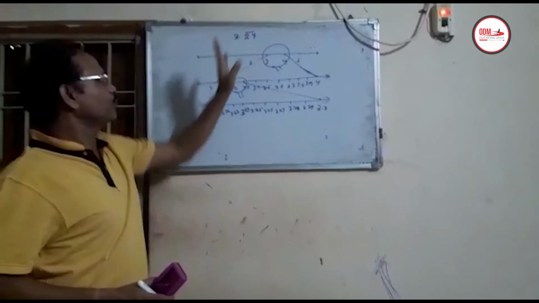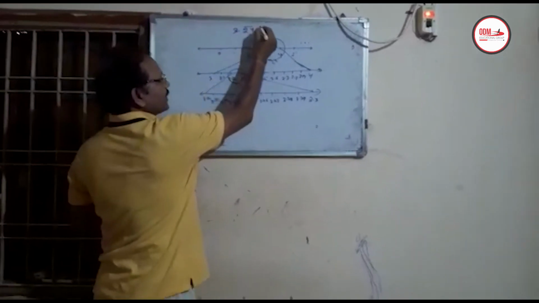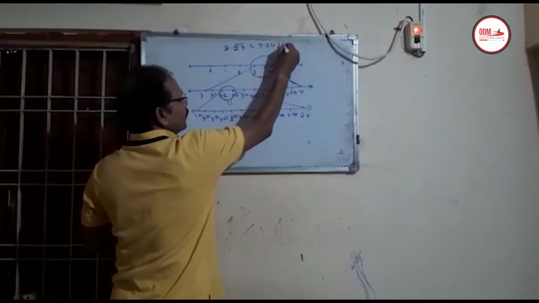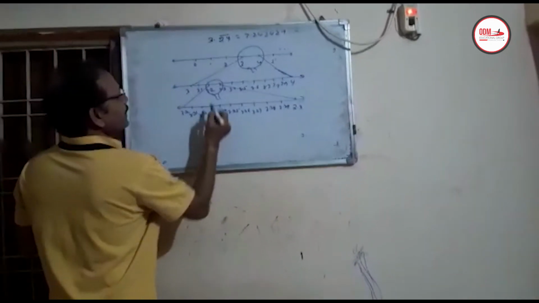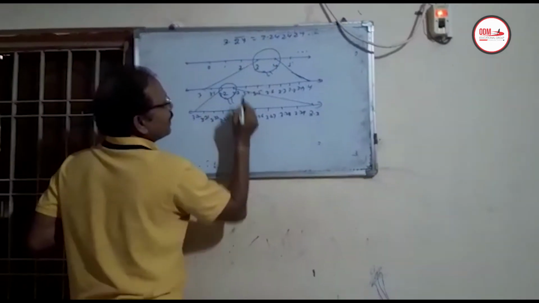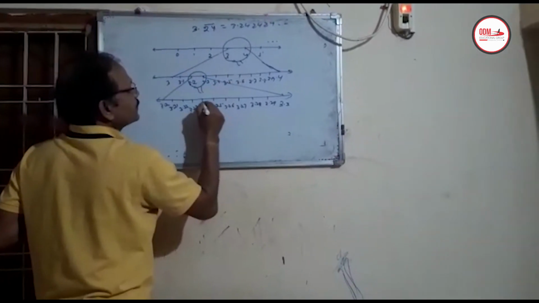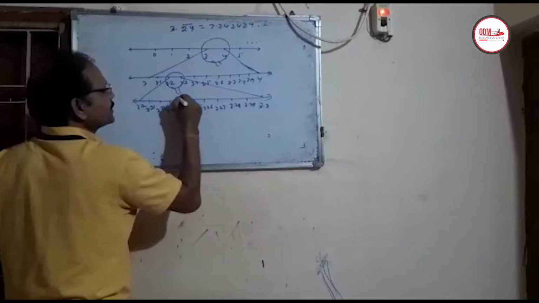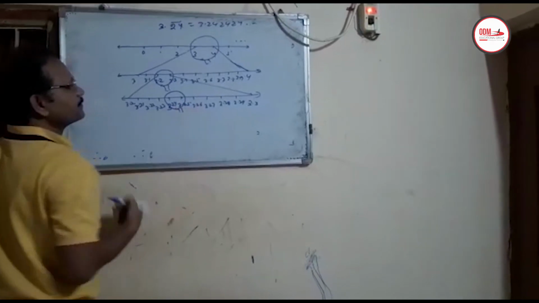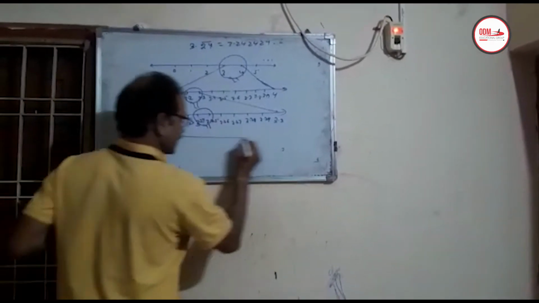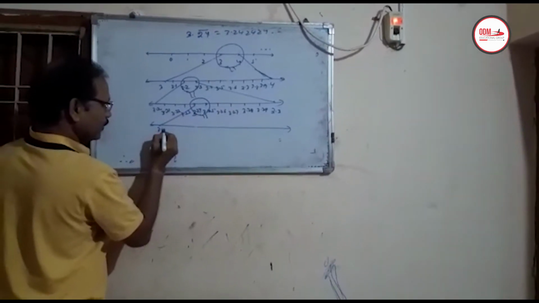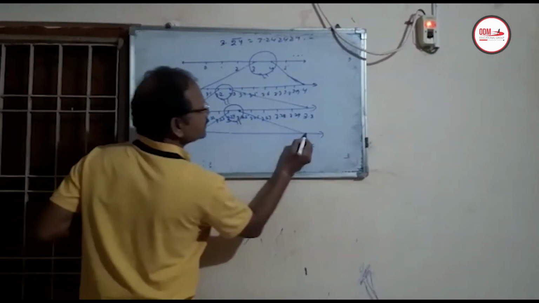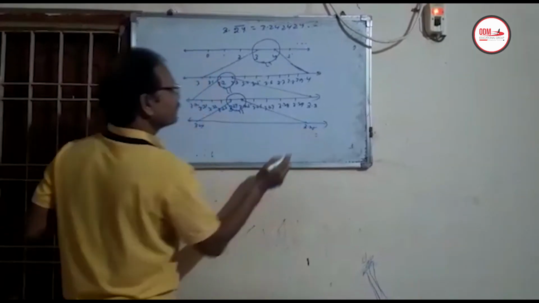This is 3.24. 3.24 bar indicates 3.242424, like this. Now you place the lens in between this and this point. Again, size will be increased. This is 3.24 and this is 3.25.